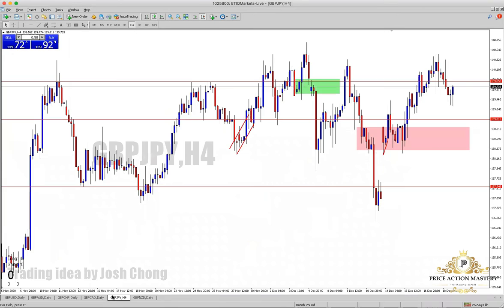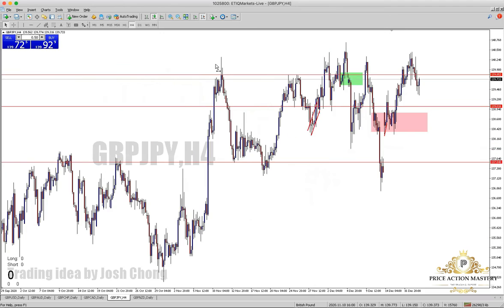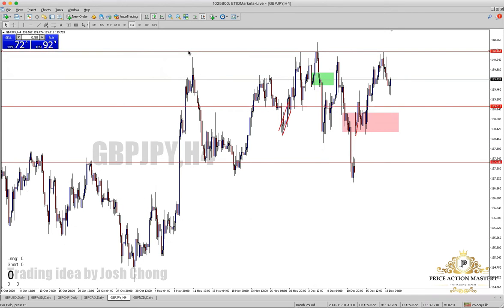Next will be GBP yen. Okay, GBP yen. I can see the GBP starting to weaken for this GBP yen because I'm seeing it on the fundamental side.